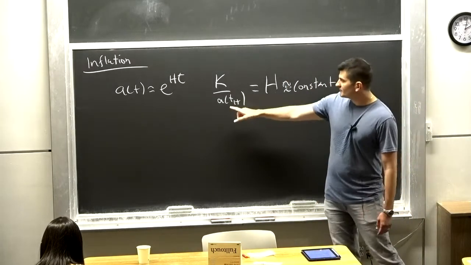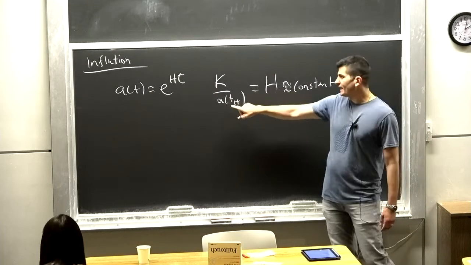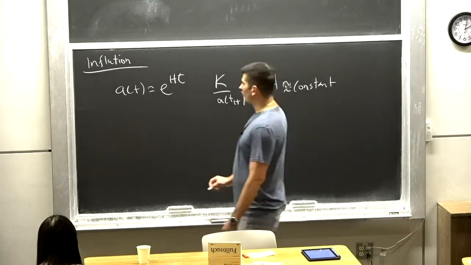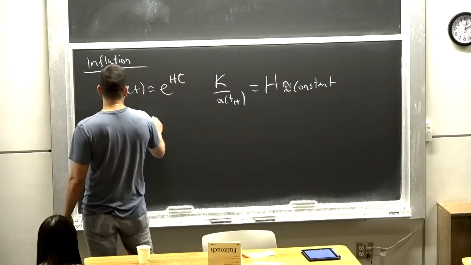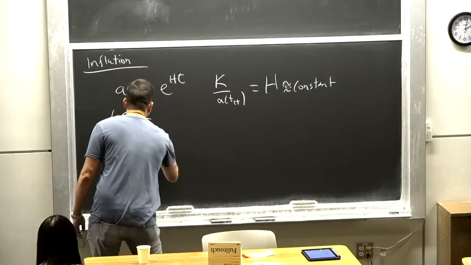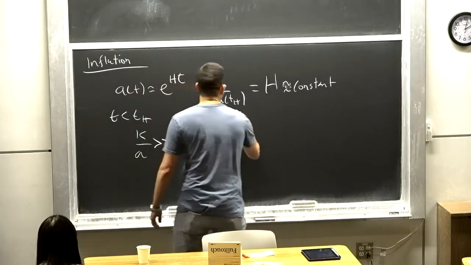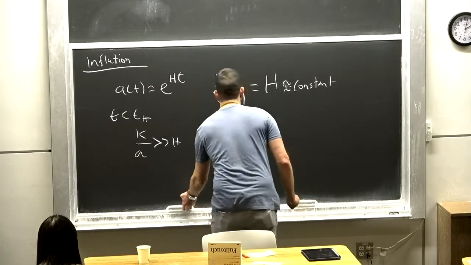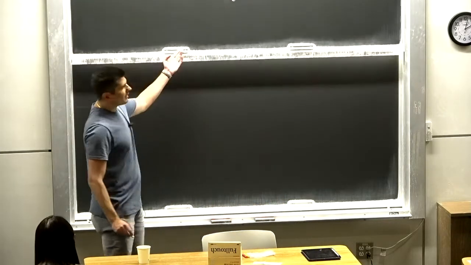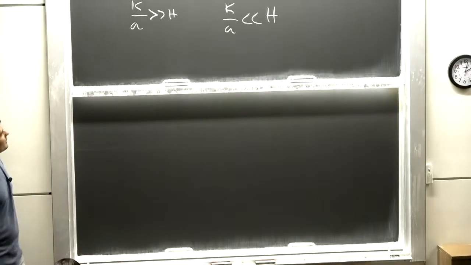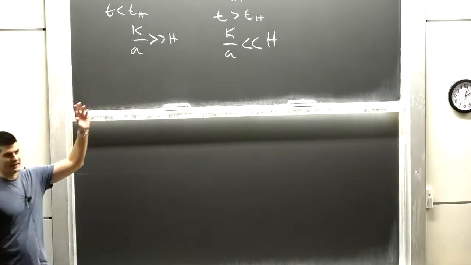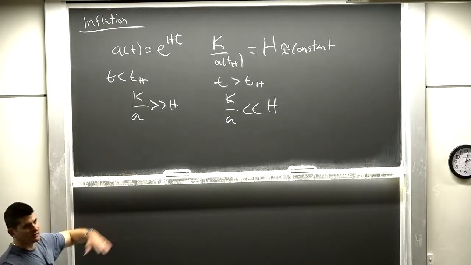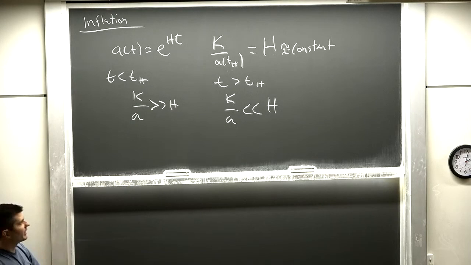And so what that means is that at earlier times, when a is much smaller than the value at horizon crossing, this number is much bigger. So when t is less than the time of horizon crossing, k over a is much bigger than H. And at t after horizon crossing, k over a is much less than H. Okay, so that accomplishes our basic requirement: we make stuff on small scales, and then they stretch to be the size of the curvature scale of the universe.